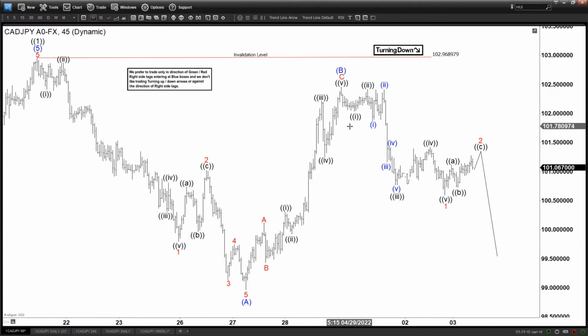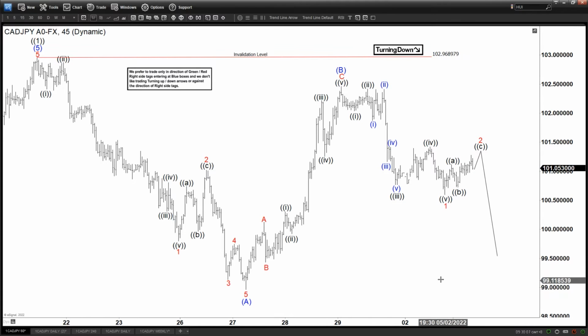We seem to have ended 1 2 3 4 5, and now looking for a 3 waves rally to finish this wave 2 of C, before going down again in the 3 of C, 4 of C, 5 of C to finish the C leg as 5 waves. And then once we finish the C leg, we should also be finishing the wave 2 over here below.